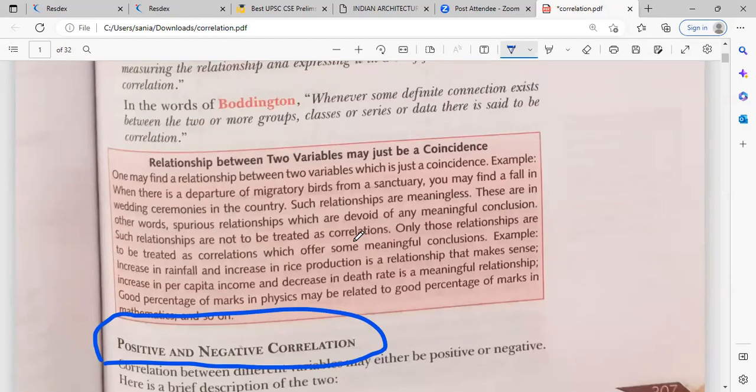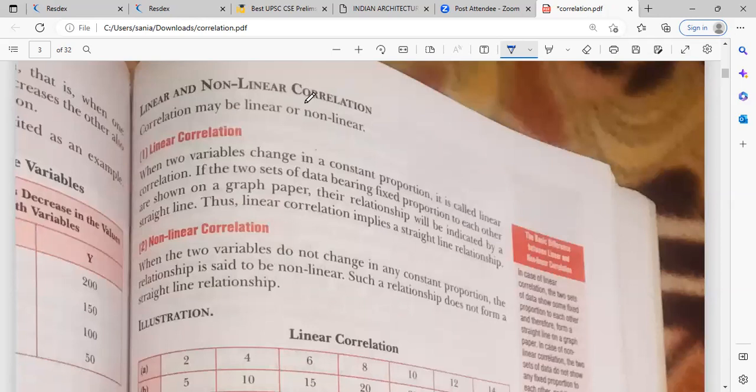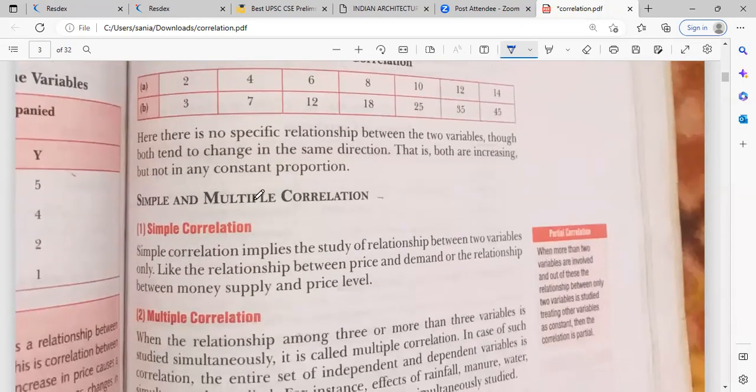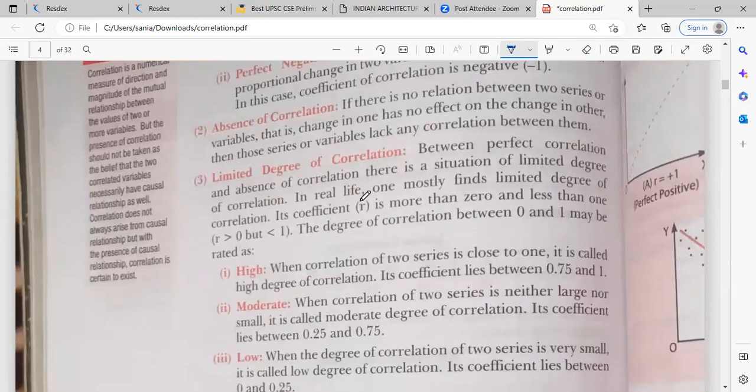Now, second one, linear and non-linear correlation. Third, simple and multiple correlation.